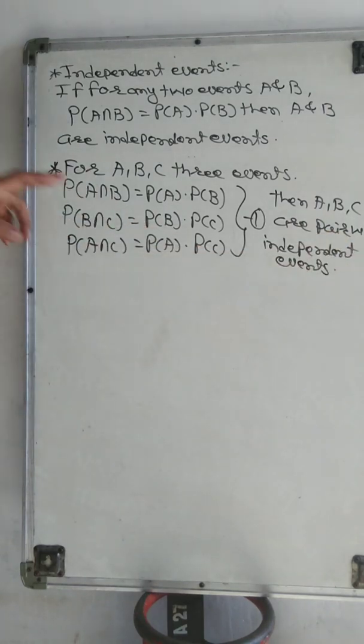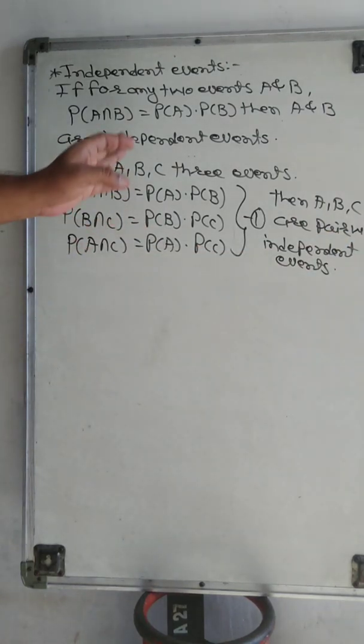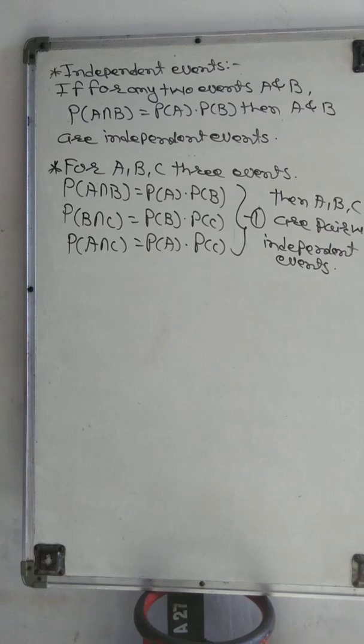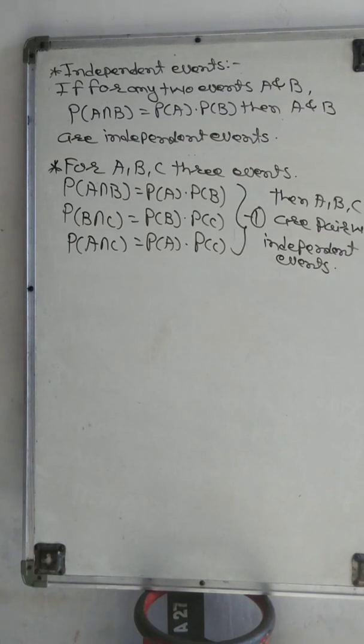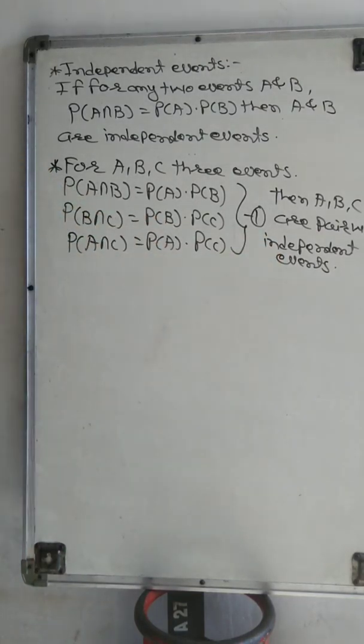Right? For a 2-2 pair, if this rule is satisfied or true, then we can say that A, B, C are pairwise independent.